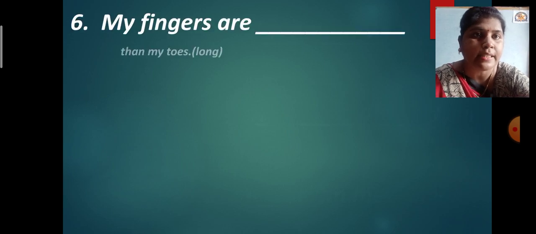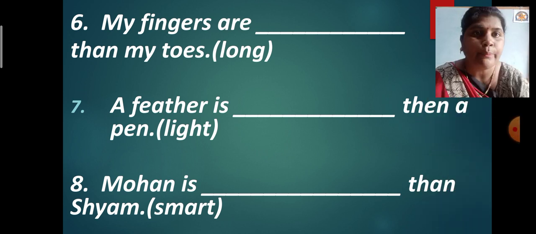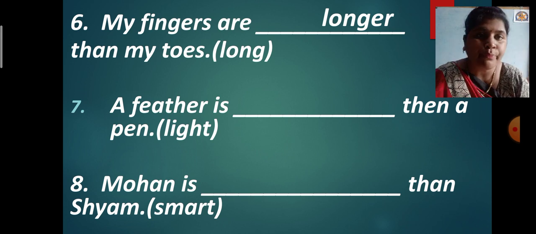Number 6, okay, 7, 8. Okay, so see, my fingers are blank than my toes. In bracket they have given us the word long. So obviously my fingers are longer than my toes. Okay, so number 7, a feather is blank than a pen.